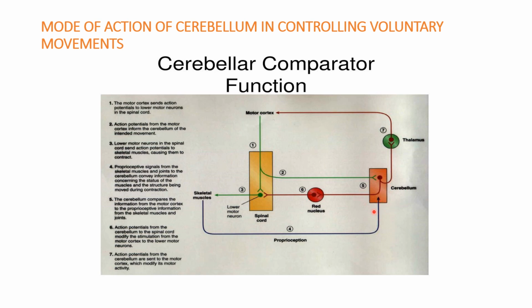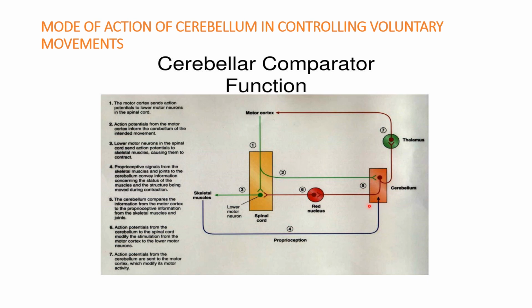Next, the cerebellum compares the information from the motor cortex and the proprioceptive information which is coming from the skeletal muscles and joints. So it compares the number 2 and number 4 information.